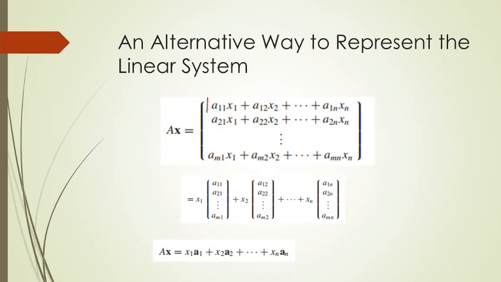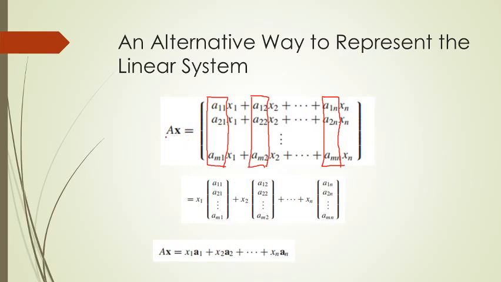They are the coefficients for x1, right? For the first unknown. And then the second column, A12, A22, Am2, is the coefficient for x2. A1n, A2n, Amn form the coefficients for the variable xn.